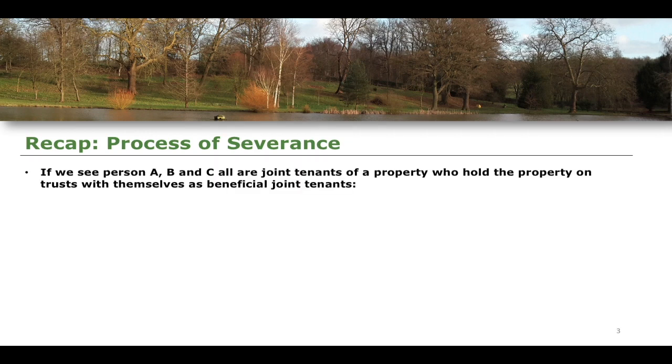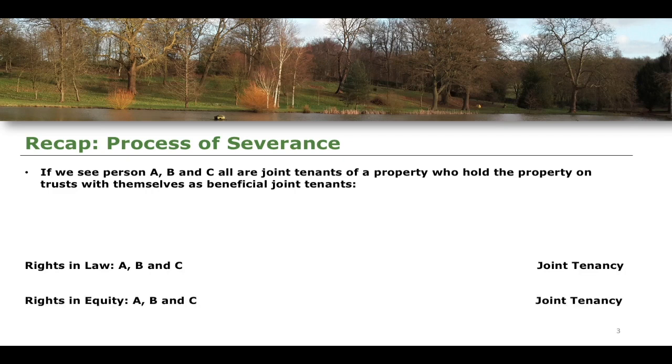If we see three people who are all joint tenants of a property, A, B, and C, and they also hold the property on trust for themselves as joint beneficiaries of the tenancy, we see that we have rights in law, which exist in the form of the joint tenancy, in A, B, and C. We also have rights in equity in the form of a joint tenancy, given that a joint tenancy can be either in law and in equity. So this is what we get so far in terms of the process of co-ownership of property, shall we say.